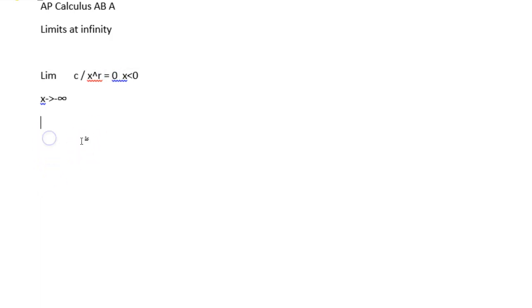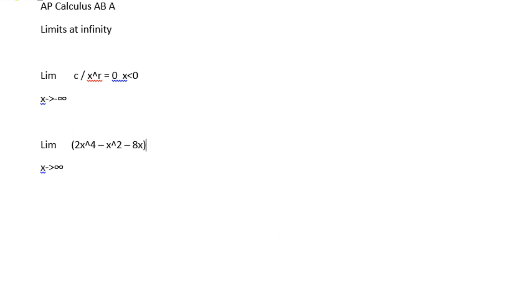So for example, now obviously if we're going the other direction, let me see, limit as x approaches infinity. Okay, let's say we had 2x to the 4th minus x squared minus 8x.